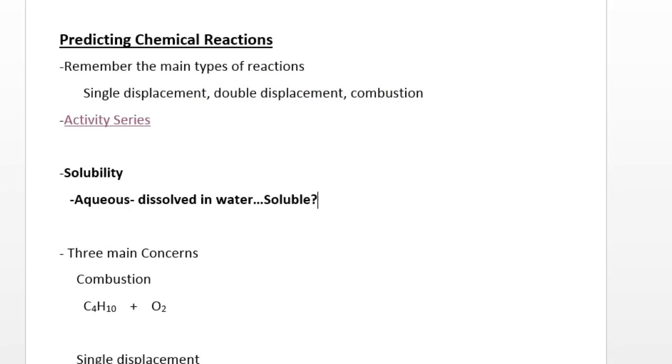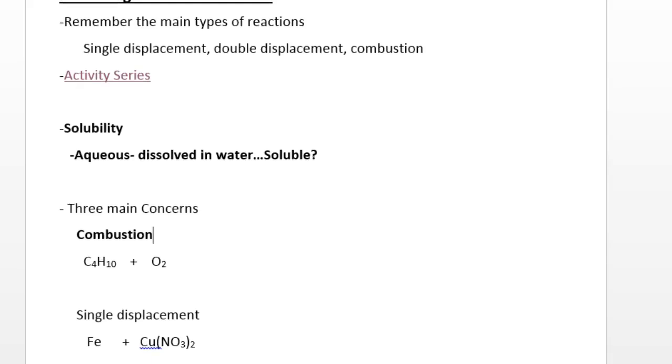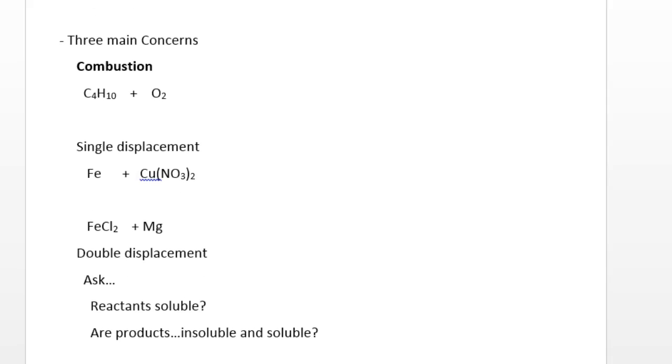Okay, so also, though I haven't mentioned it yet, is this idea of combustion. A combustion reaction is where you take an organic compound, usually carbon, and it reacts with oxygen to produce the same products. So whenever you want to ask yourself, is the reaction a combustion reaction, you're looking for two things.